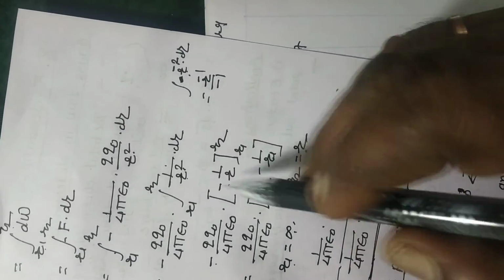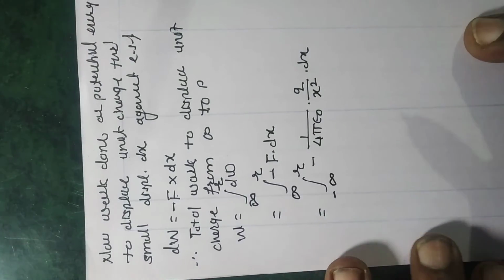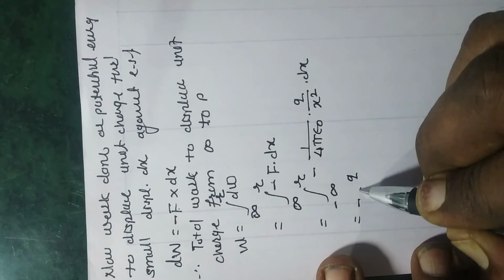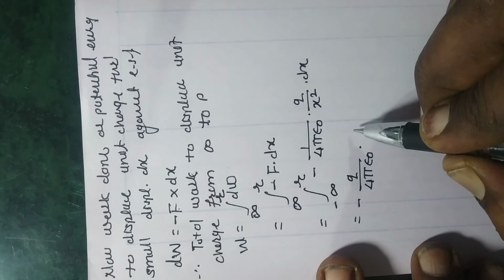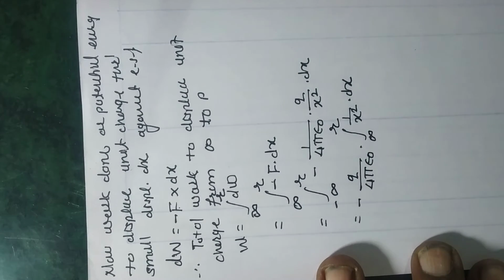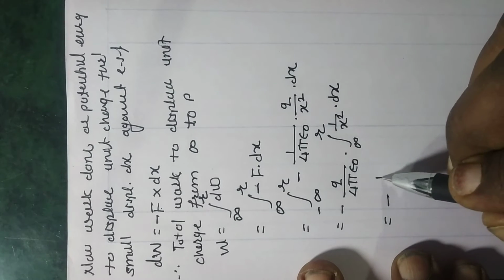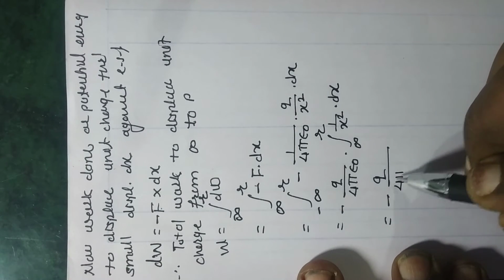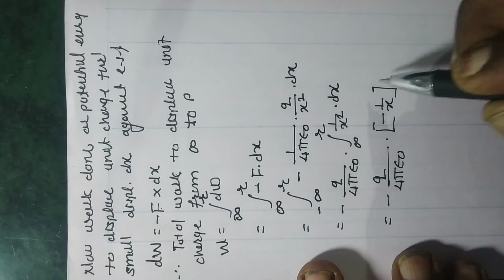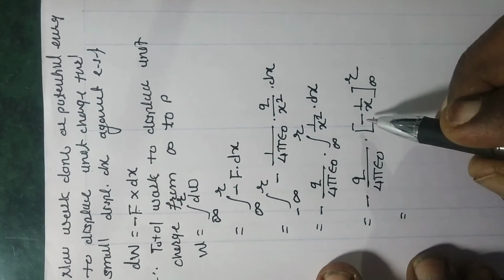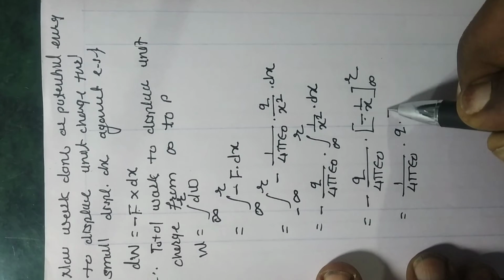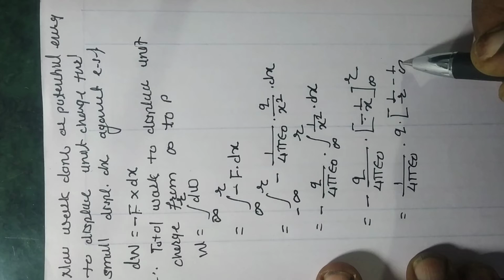Just as we did the integration here, we do the integration again here. Take the constant out: minus Q divided by 4 pi epsilon into the integration of 1 by x square into dx from infinity to r, which is nothing but minus Q divided by 4 pi epsilon into minus 1 by x from infinity to r, which is equal to minus minus plus 1 divided by 4 pi epsilon into Q into 1 by r minus 1 by infinity.